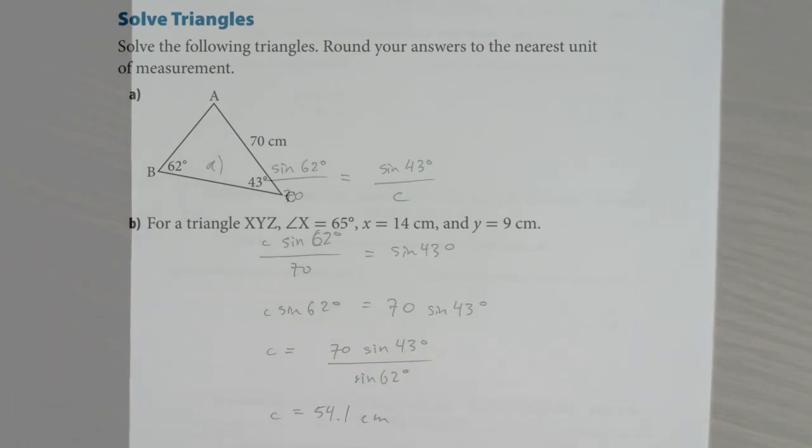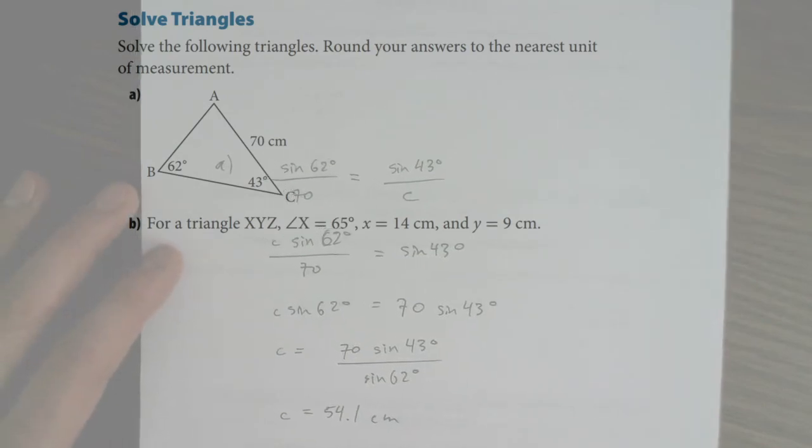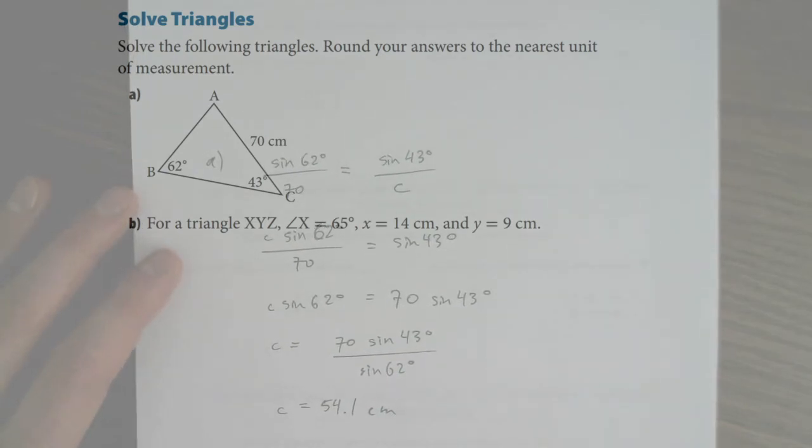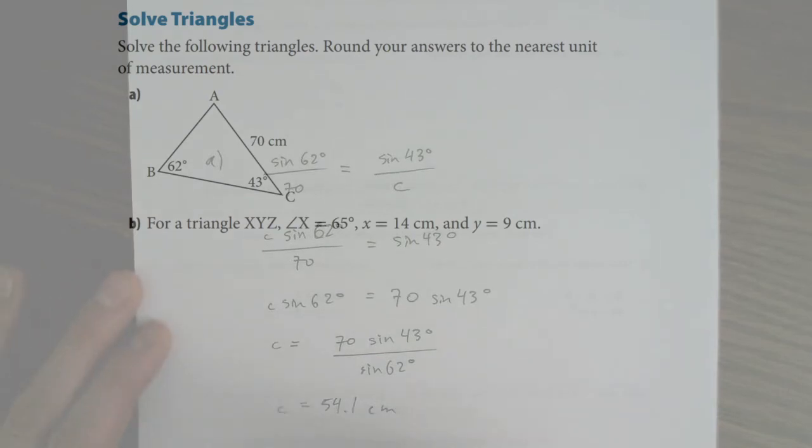So we have two of the sides, and we want to find the third side. We need to get angle A as well.